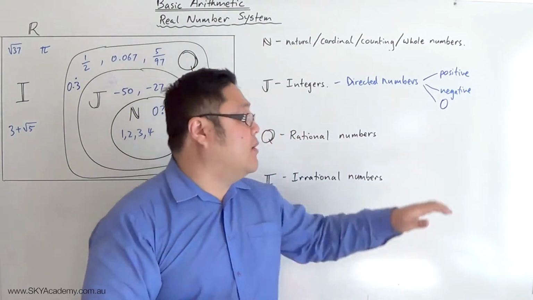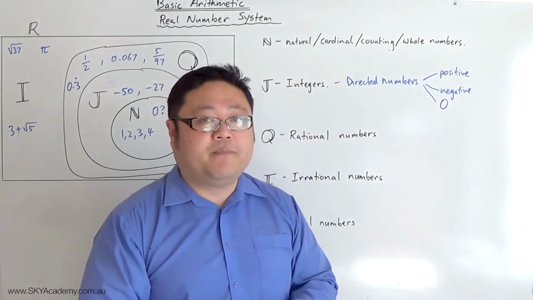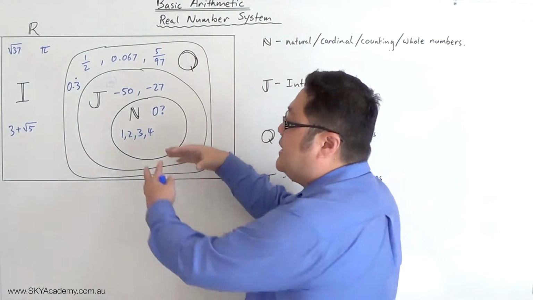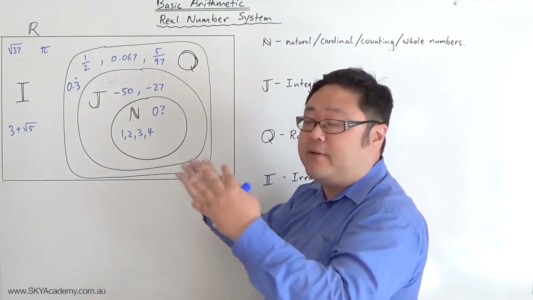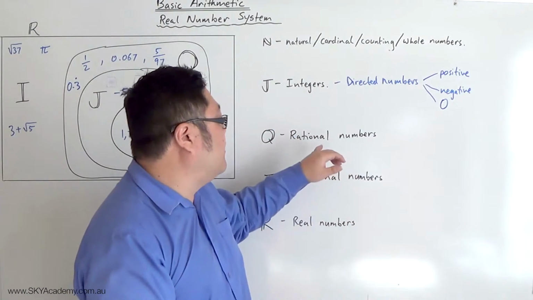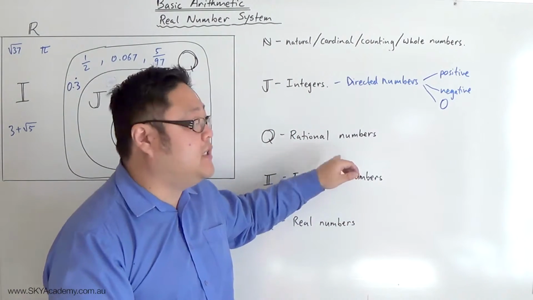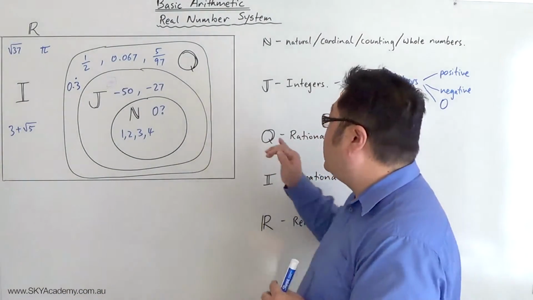But 0 is definitely an integer. You can probably see it expands out like the rings in an onion, in terms of different layers.